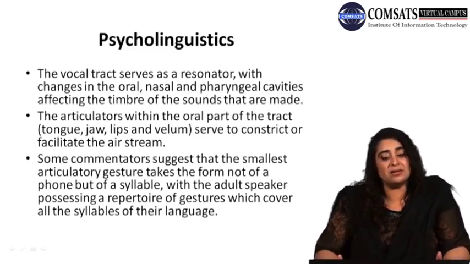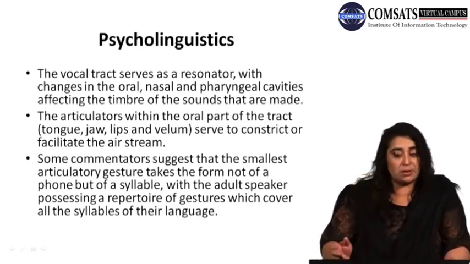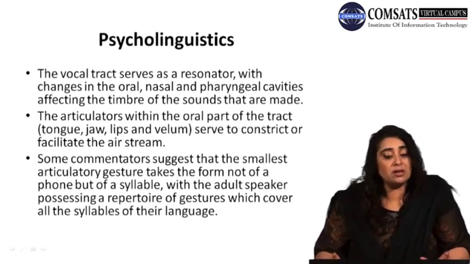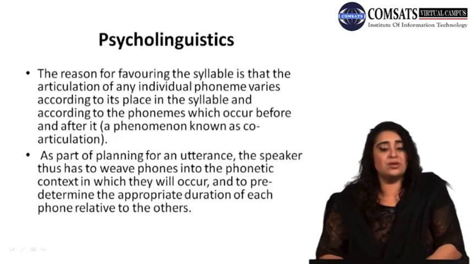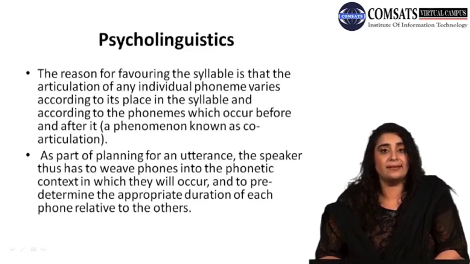So some commentators suggest that the smallest articulatory gesture takes the form not of a phone but of a syllable, with the adult speaker possessing a repertoire of gestures which cover all the syllables of their language. The reason for favoring the syllable is that the articulation of any individual phoneme varies according to its place in the syllable and according to the phonemes which occur before and after it.